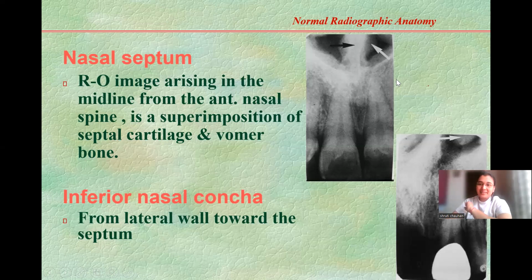Obviously, any radiolucent lesion that we see at the apex of any tooth, we will say that it is either a cyst or some abscess or some infection, or periapical widening or anything. That is our first reaction, that, oh ma'am, something is wrong here. But that is where this is important.